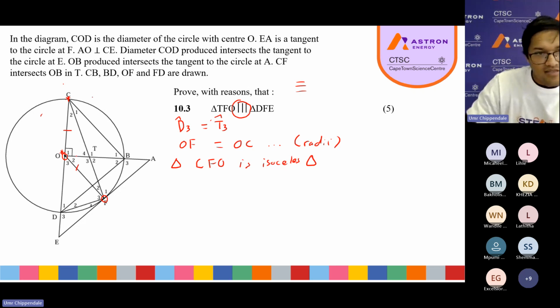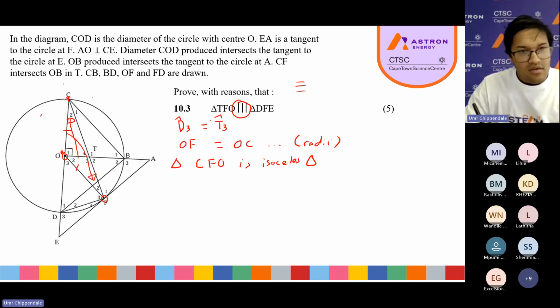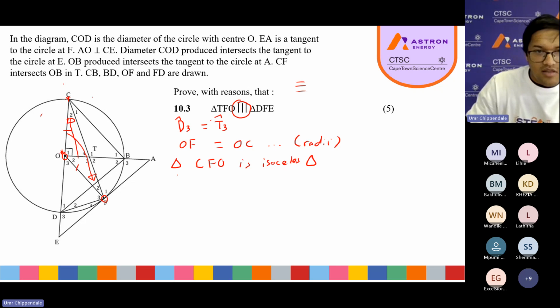So if that is the case, this entire angle is pointing to our C2, and this is pointing to our F2. So therefore, we are going to say that our angle C2 is equal to angle F2. Why?